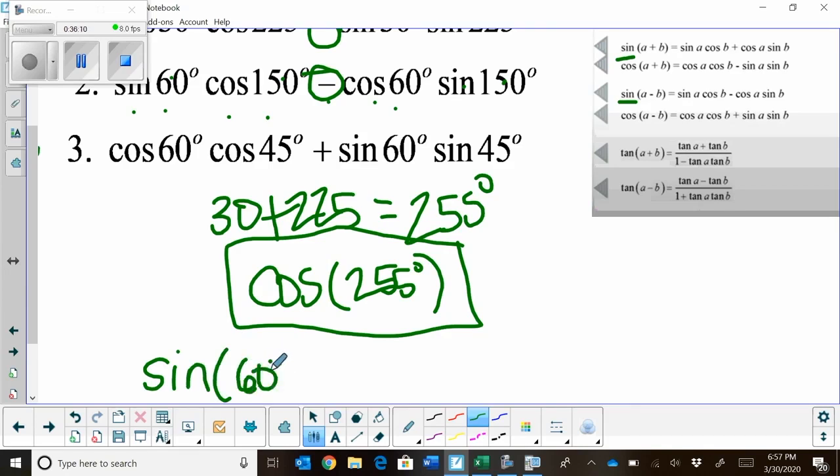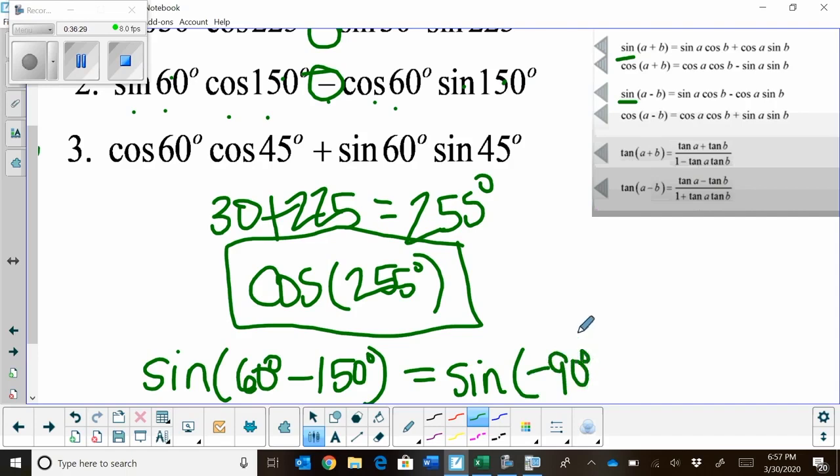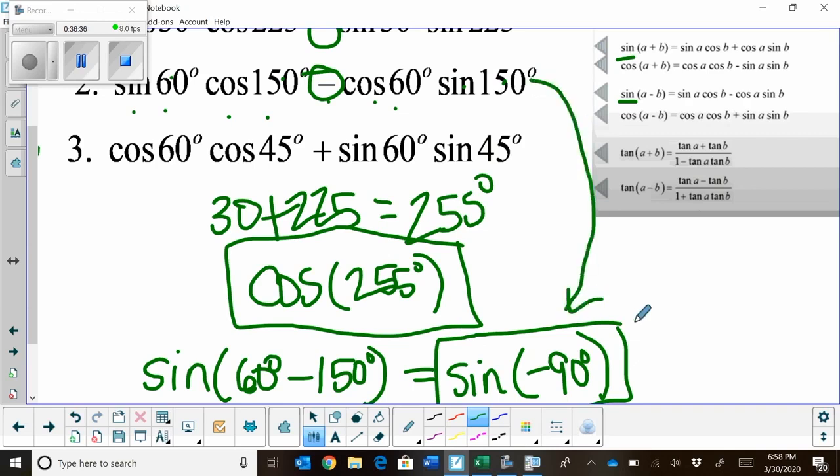Angle A is 60 minus 150. And sine keeps the sign, so we are indeed going to subtract. It's going to be the sine of 60 minus 150. That's negative 90. So, yeah, it's okay that it's negative. Okay, so that's where this one comes from.